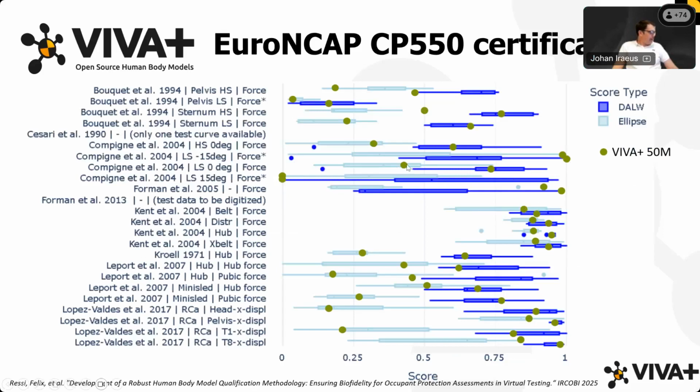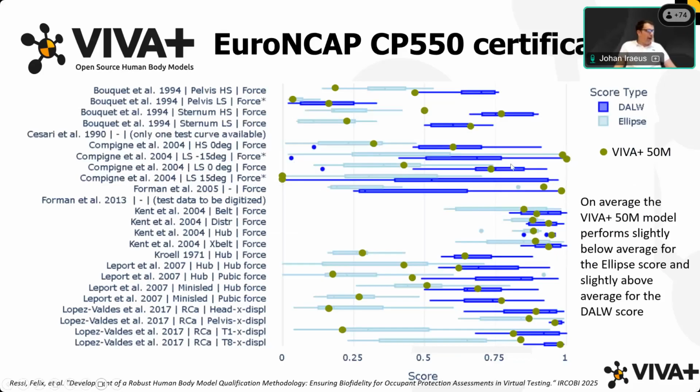I did this yesterday, so the exact position of these points is not accurate. I kind of eyeballed them in, so don't take this as 100% correct. But what I want to show you is that in some cases the model is among the worst, in some cases among the best, and in other cases kind of in the middle.